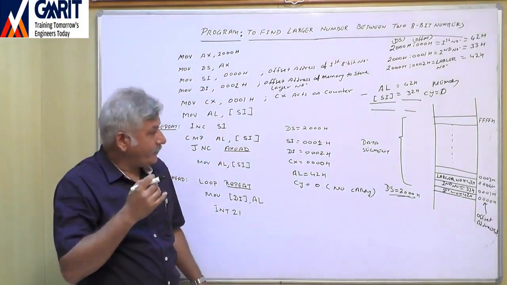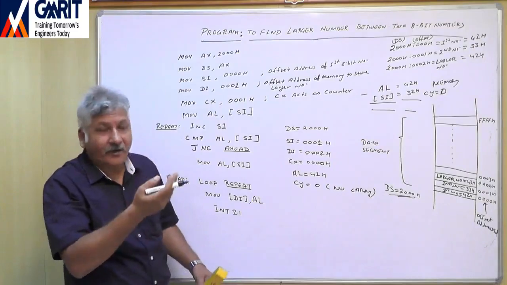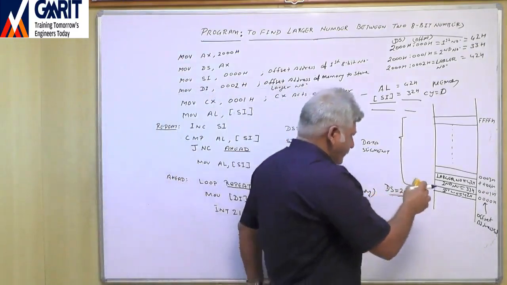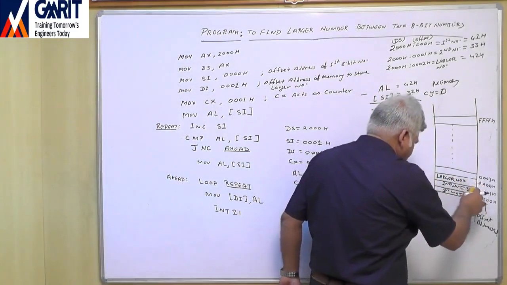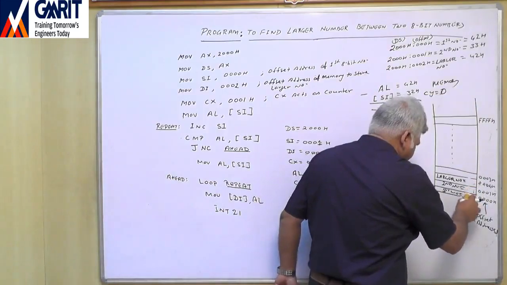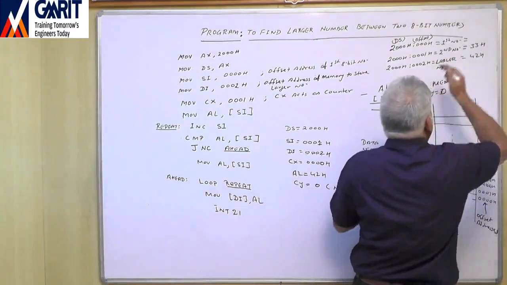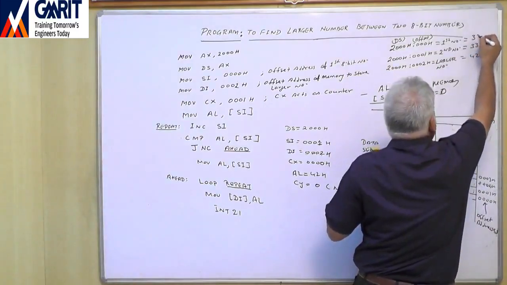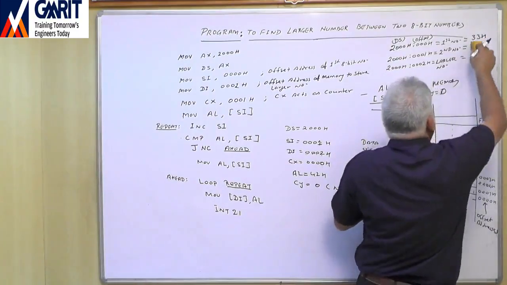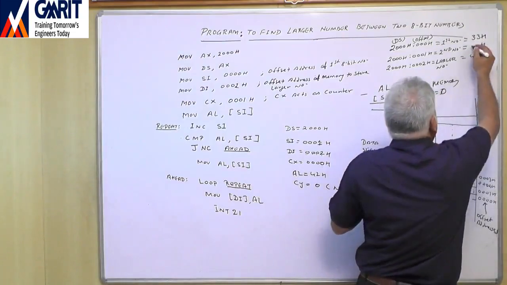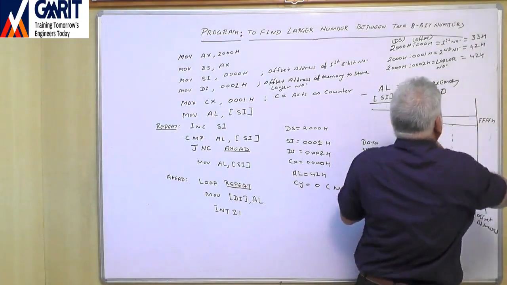Now again we want to find the larger number, but just think about a case when at the first offset we have 33H and here we have 42H, right?